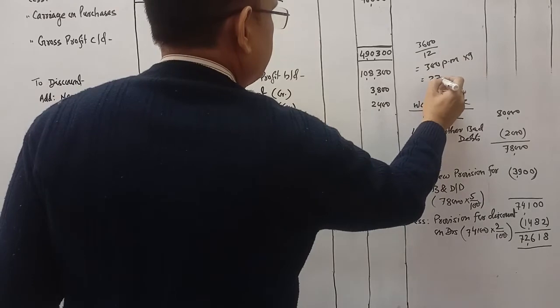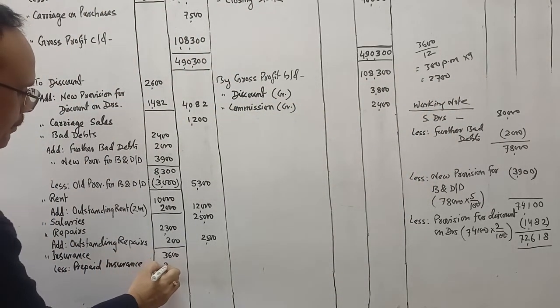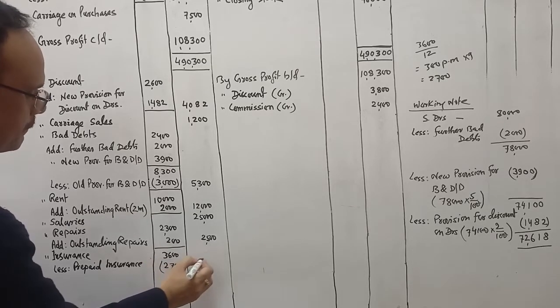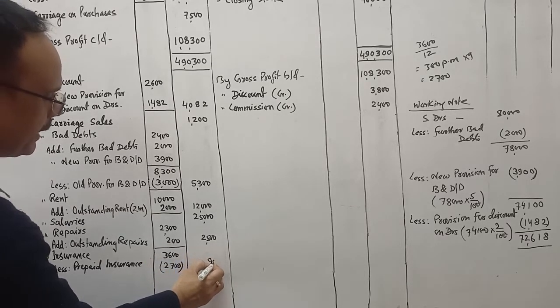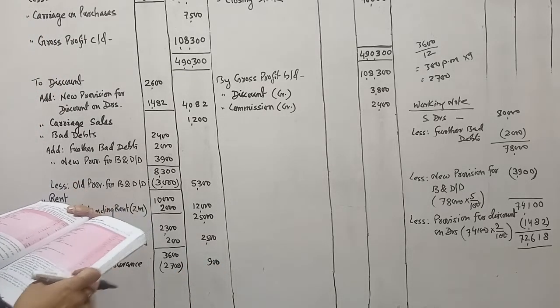So 2,700 is prepaid, related to the next financial year. This will be deducted, so this financial year's premium is only 900.